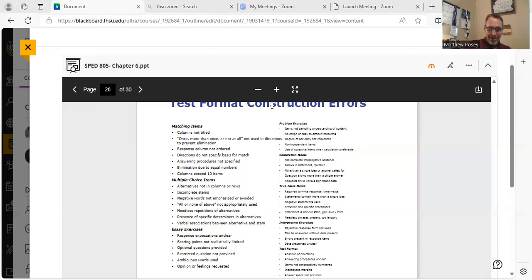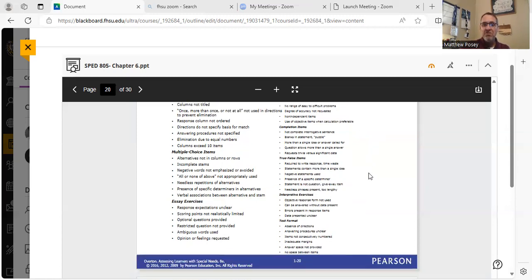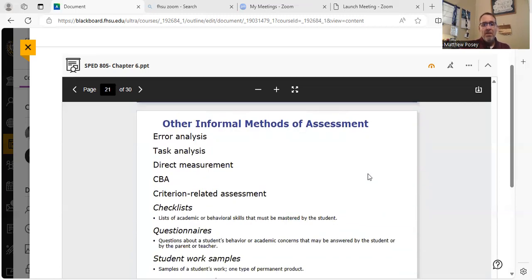It could also include rating scales, time samplings, or anecdotal records that we use. So it's something that is ultimately very easy, simple, and quick to administer, something you can do in as little as a couple of minutes.